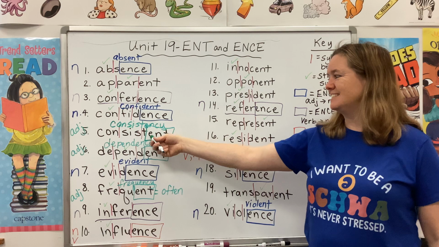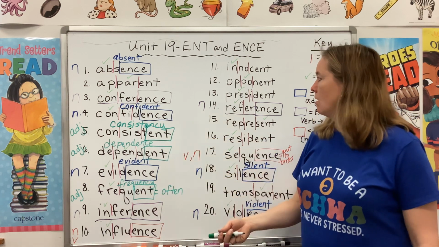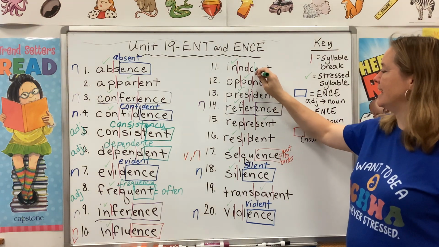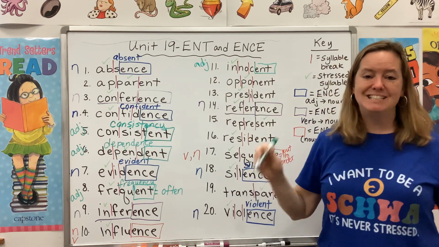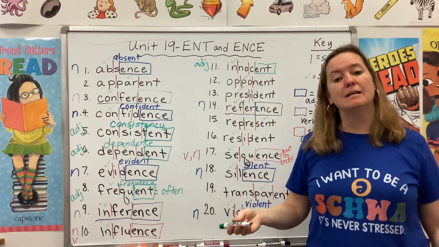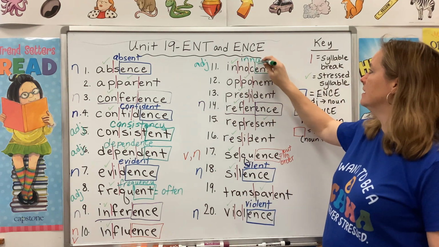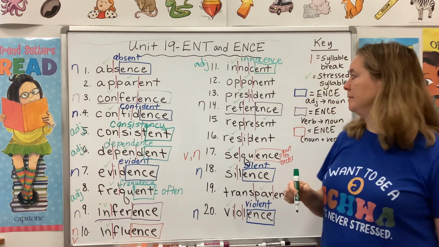Again, just like consistent becomes consistency, frequent becomes frequency. All right, let's look at innocent. There's an ENT ending. Innocent is an adjective, right? If someone is innocent, they didn't do it. They didn't commit the crime, right? We are confident about their innocence, okay?